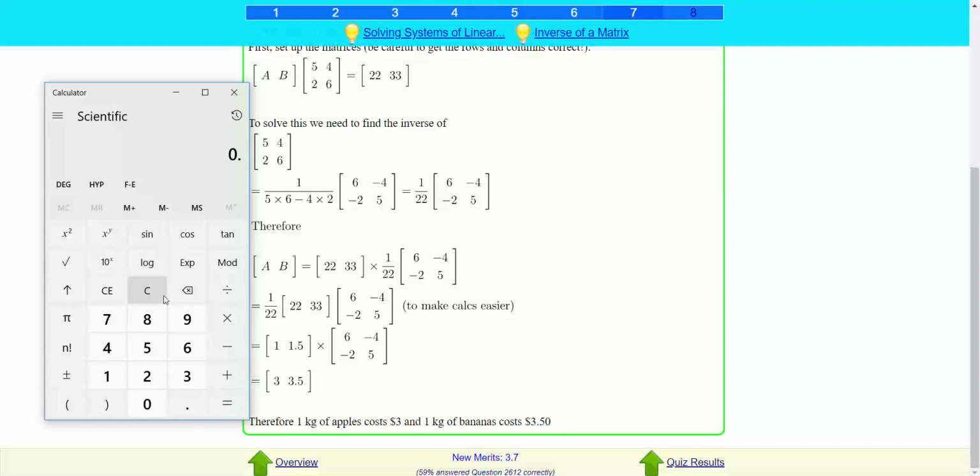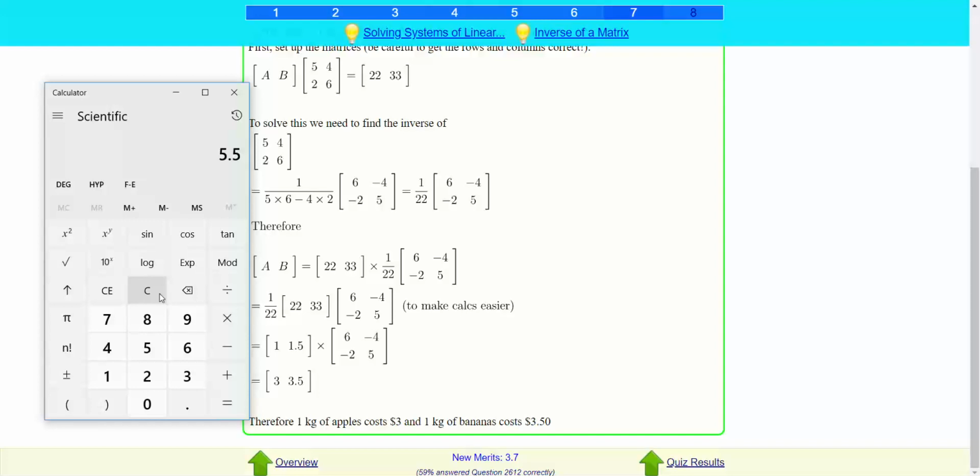I have 0.227 multiplied by 33. Oops. So like 7.5. So 7.5 minus 2 is 5.5, which is not right.